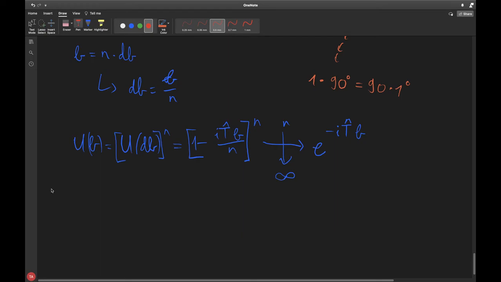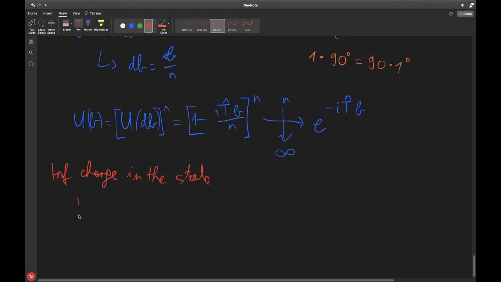When we want to describe an infinitesimal change in the state, the change itself was psi prime is the same as U dB operator times the psi state, which we now figured out is 1 minus i T operator dB acting on the state psi.